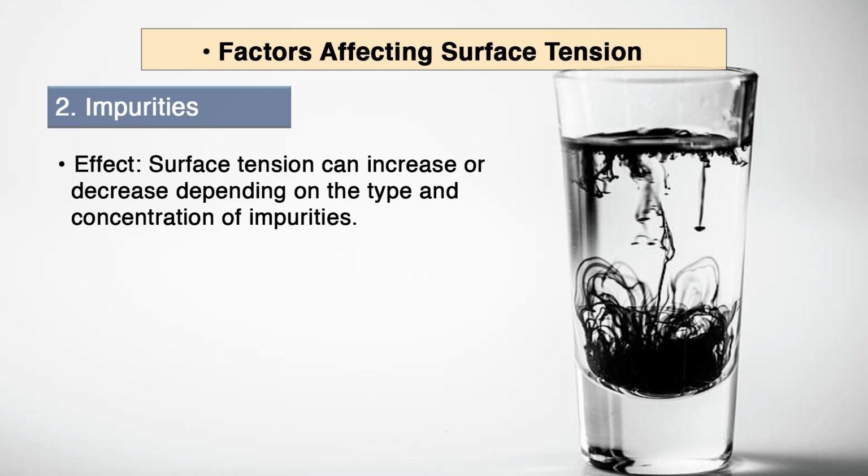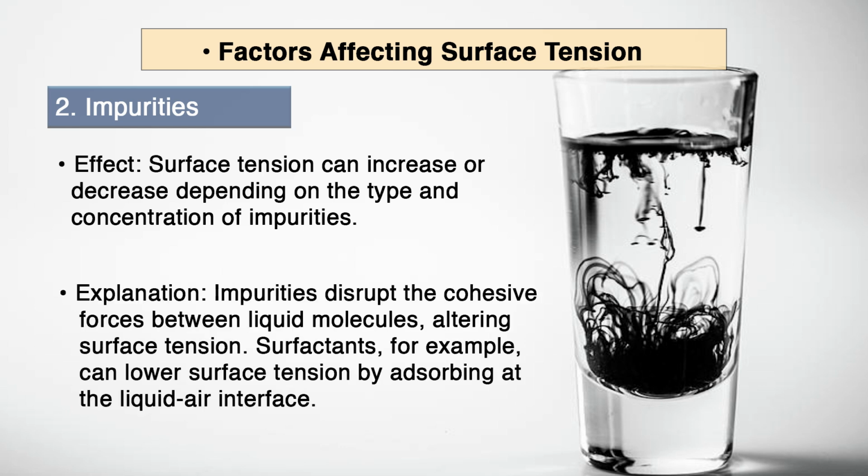Surface tension can increase or decrease depending on the type and concentration of impurities. Impurities disrupt the cohesive forces between liquid molecules, altering the surface tension. Surfactants, for example, can lower surface tension by adsorbing at the liquid air interface.